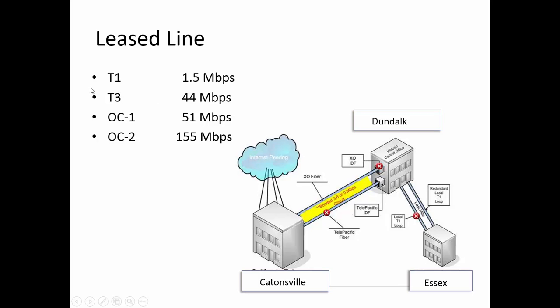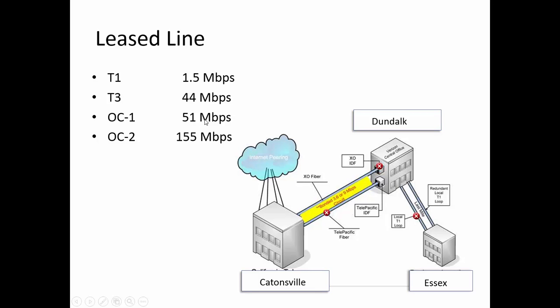Now, the first type of leased line they had was called a T1 line, and that provided 1.5 megabits per second, and at the time that was a big deal. And then they came out with T3, which provided 44 megabits per second. OC, which stands for optical carrier, meaning fiber optic.